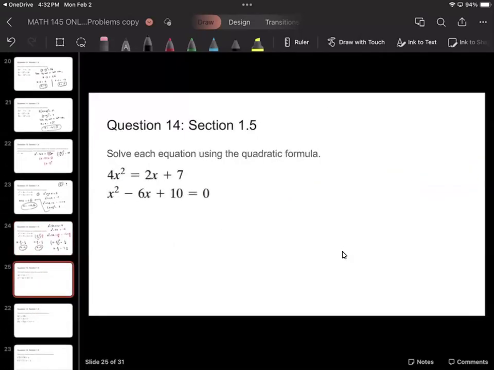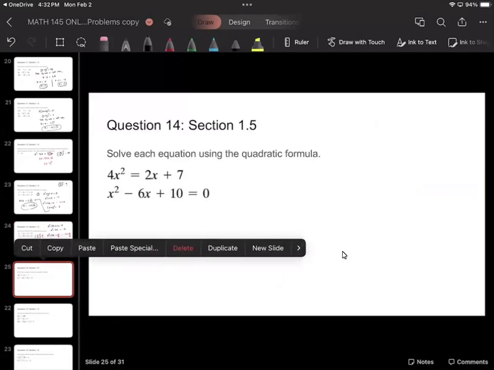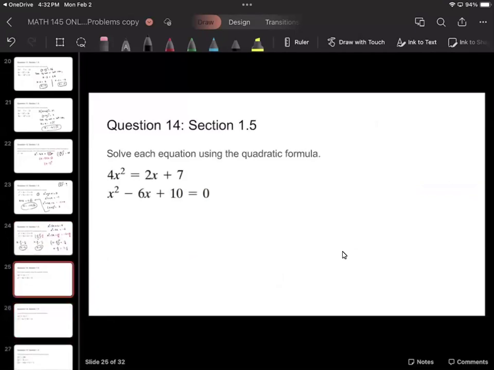All right, now we have to use the quadratic formula. For the quadratic formula, you want to make sure that you bring everything over to the left first, okay? The right side has to be 0. Then this is A, this is B, this is C. And what is the quadratic formula?